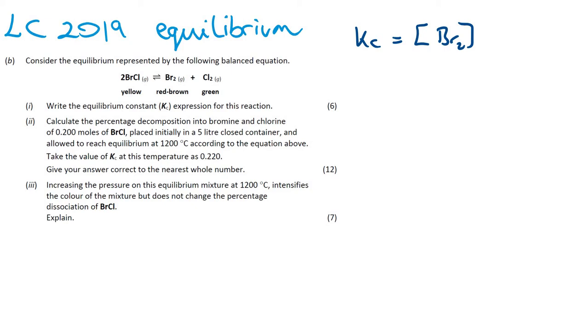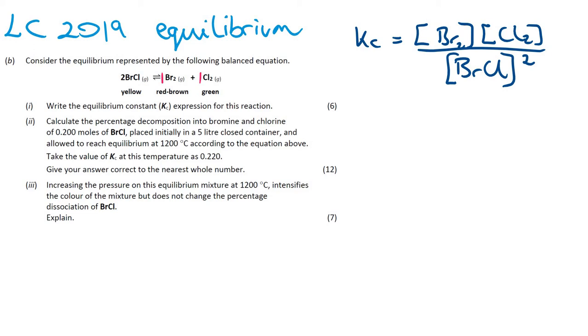And there's no number in front of bromine here, so that's 1, and there's 1 chlorine, so that's just going to be bromine concentration times chlorine concentration, all divided by the starting material there, the bromochloride. And because there's 2 equivalents of bromochloride there, BrCl, in a Kc expression, I'm going to have to square that.